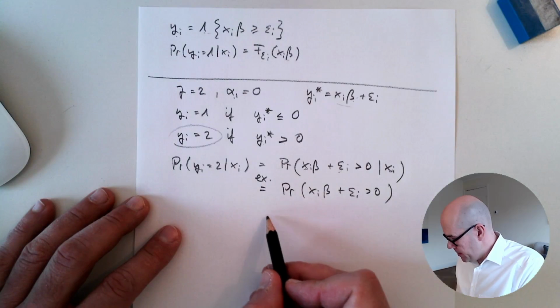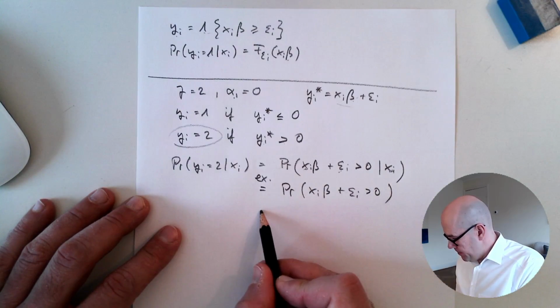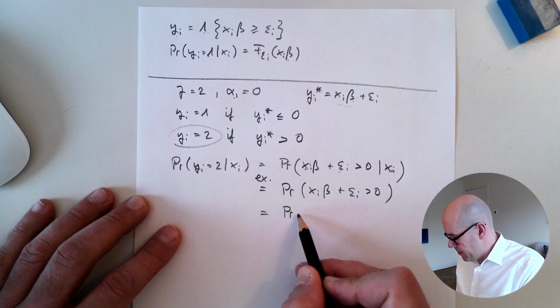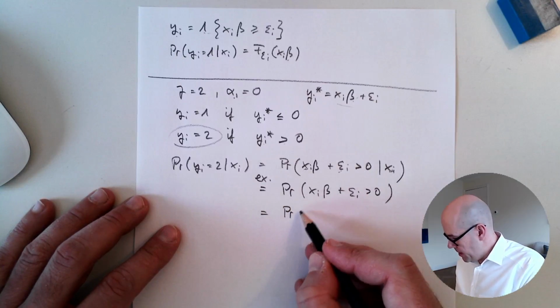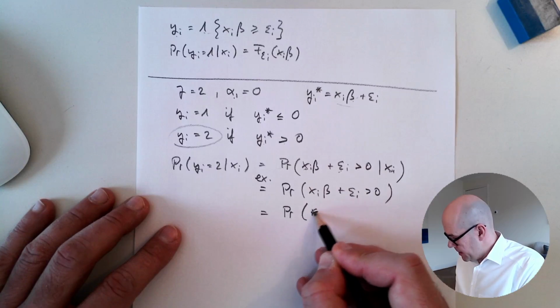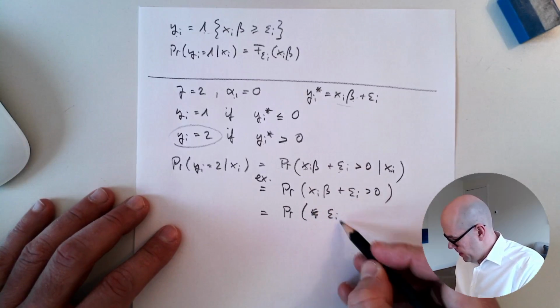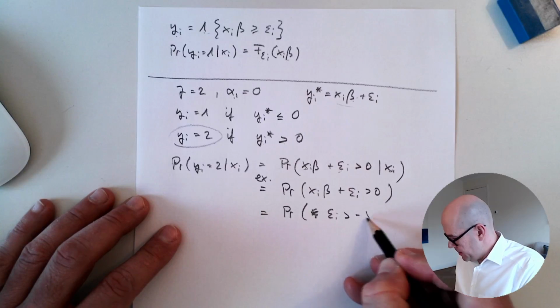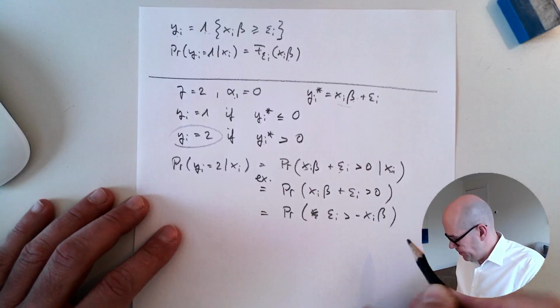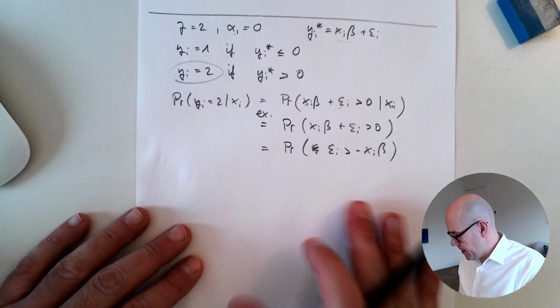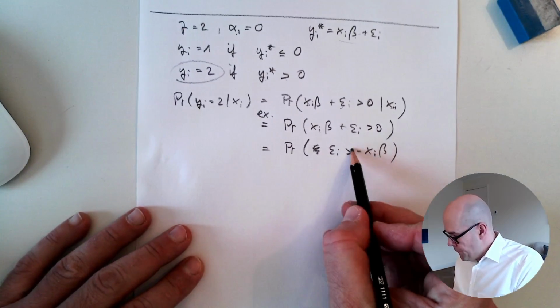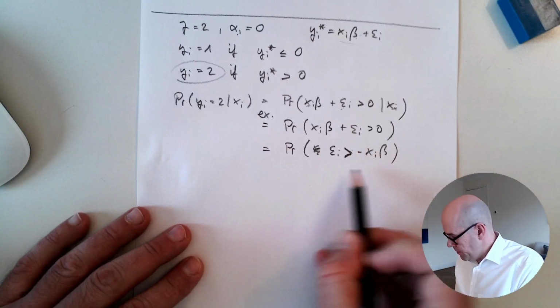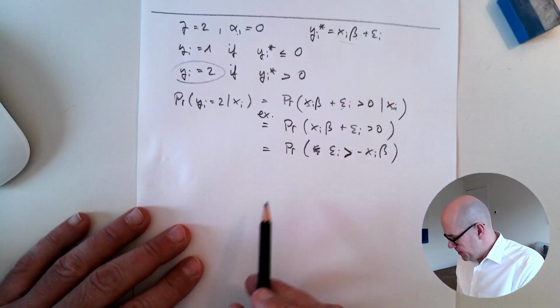Now this is the probability, let me write this down in many steps, that epsilon I is greater than minus xi beta. I'm just bringing this to the other side. Like this.